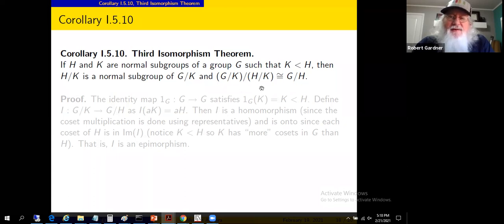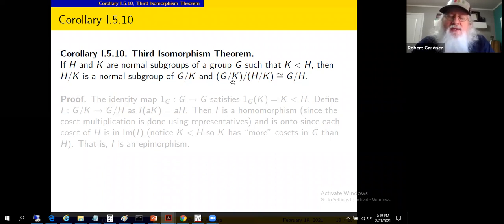Now the elements here, this is one reason I want to do an example. Here, we're taking cosets of H mod K in G mod K. So H mod K is itself a group of cosets of K in H. And G mod K, these things are cosets as well, cosets of K in G. So in the example, we'll do things in integers mod whatever.